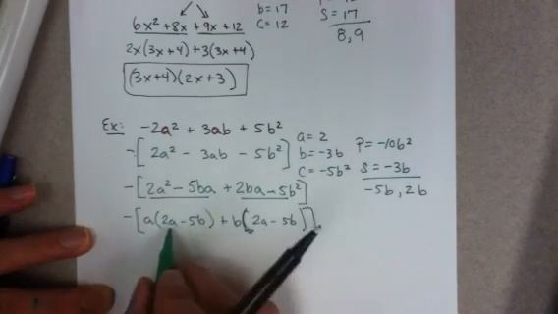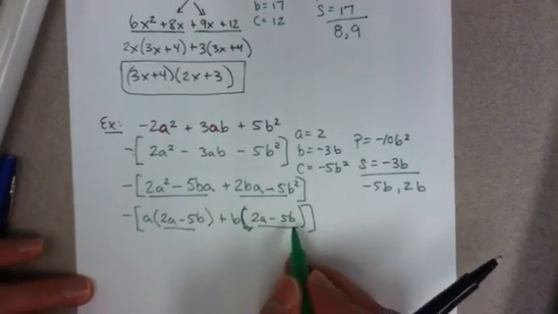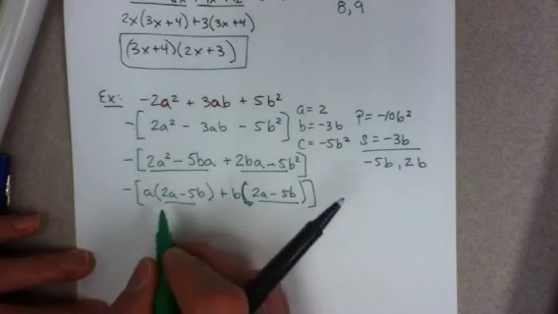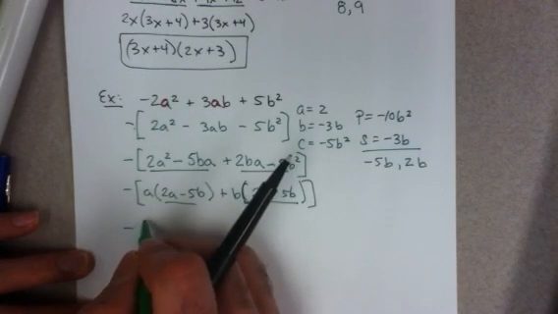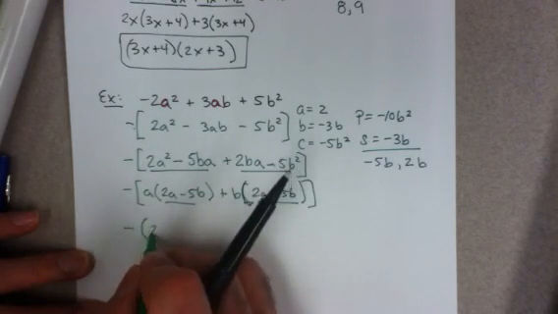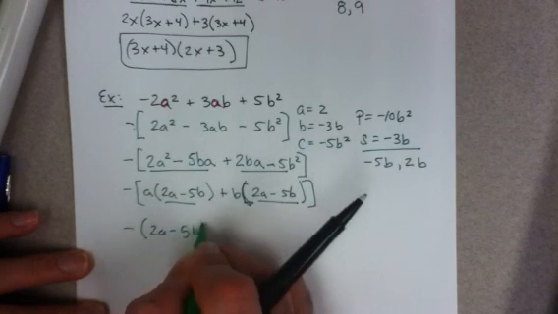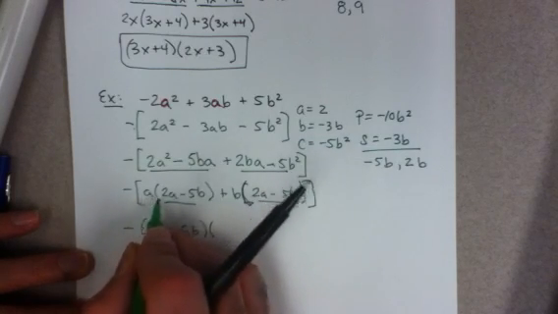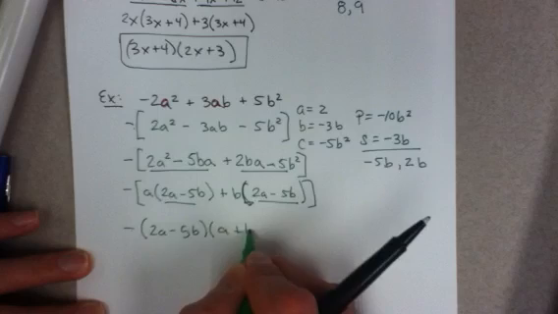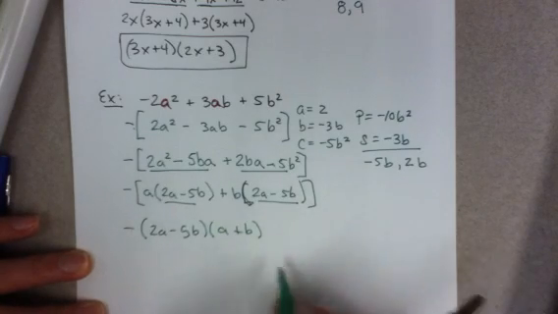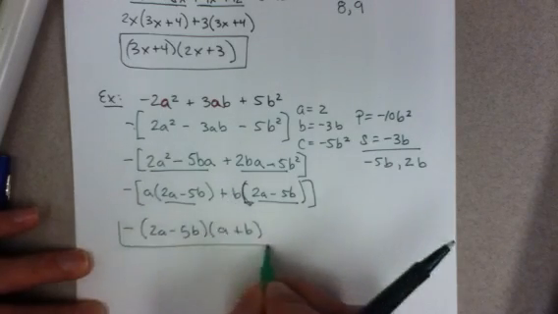And now these parentheses match, as is expected with the grouping method, and we'll factor those out, leaving us now with the negative sign still in front, and then 2a minus 5b, and then whatever was not in parentheses before, a plus b. And this is our final factored form.